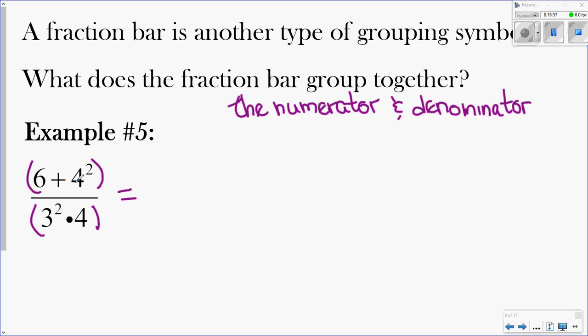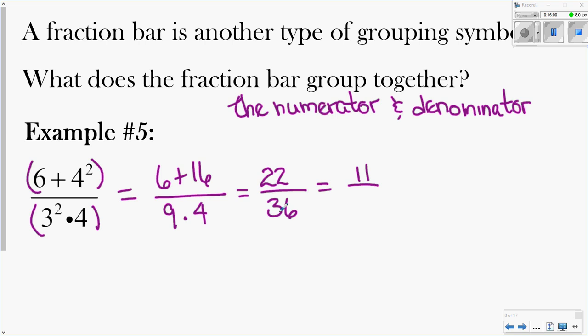So now we're still using PEMDAS. So this one, we deal with the exponent first. So that gives us 16, and then at the bottom, we got 9 times 4. So this one will give us 22, and then the bottom will be 36. And if you want to reduce this, you could. So it'd be 11 over 18.